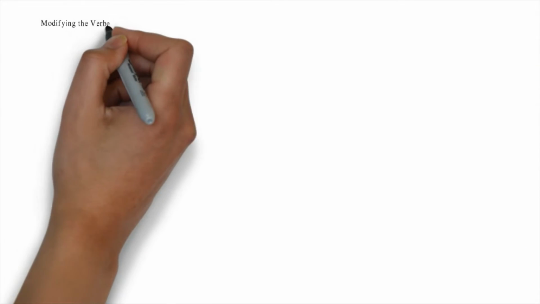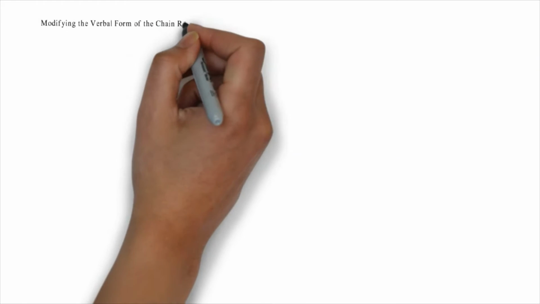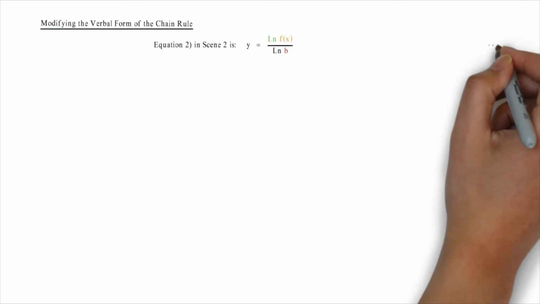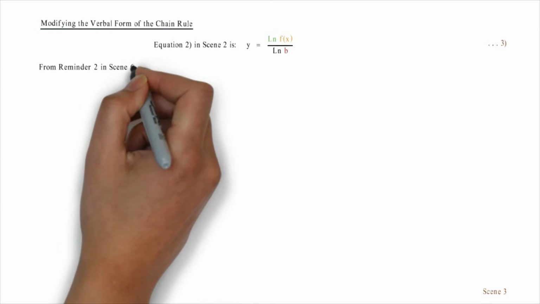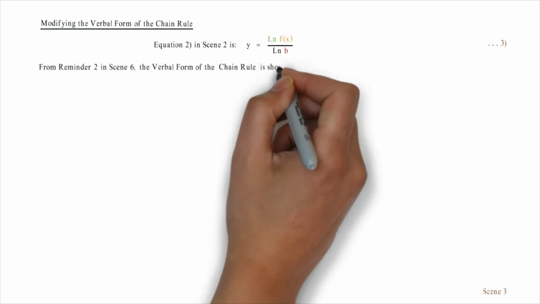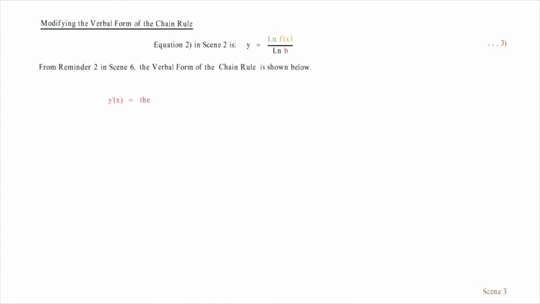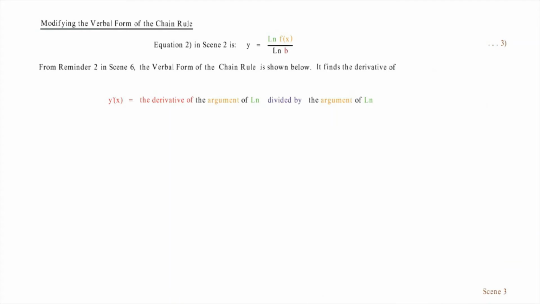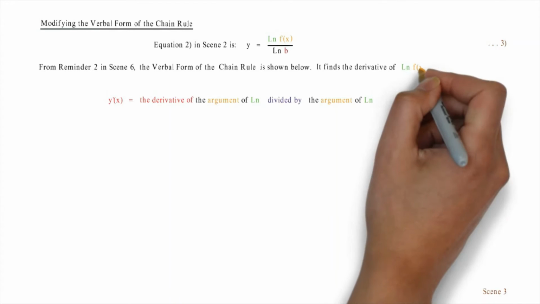Modifying the verbal form of the chain rule. Equation 2 in scene 2 is y equals ln of f of x divided by ln of b. Call this equation 3. From reminder 2 in scene 6, the verbal form of the chain rule is shown below. It finds the derivative of ln of f of x.